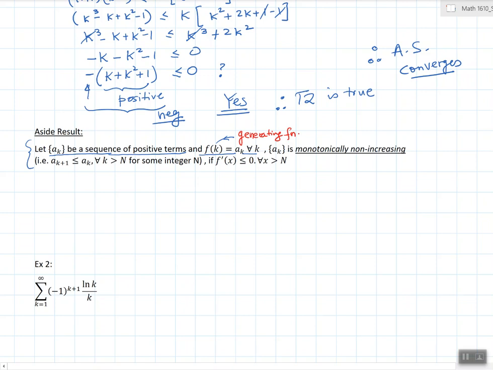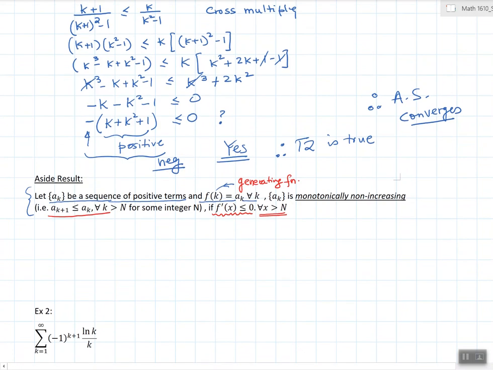Then a_k is monotonically non-increasing if the derivative of f is less than or equal to 0 for all x greater than n. So basically the derivative is negative or zero after some value of x.